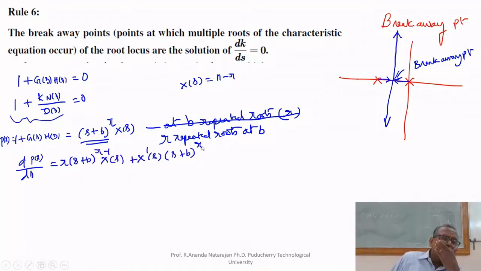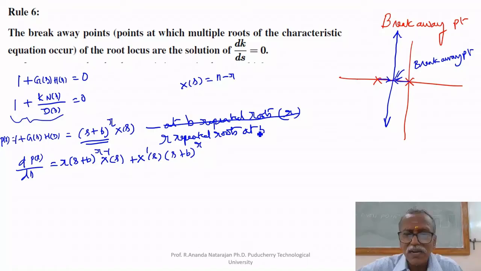If you differentiate the characteristic polynomial, you are getting this. Is it 0 for s equal to minus b? Where are the repeated roots? The repeated roots are at minus b. So the characteristic polynomial must be 0 for minus b.